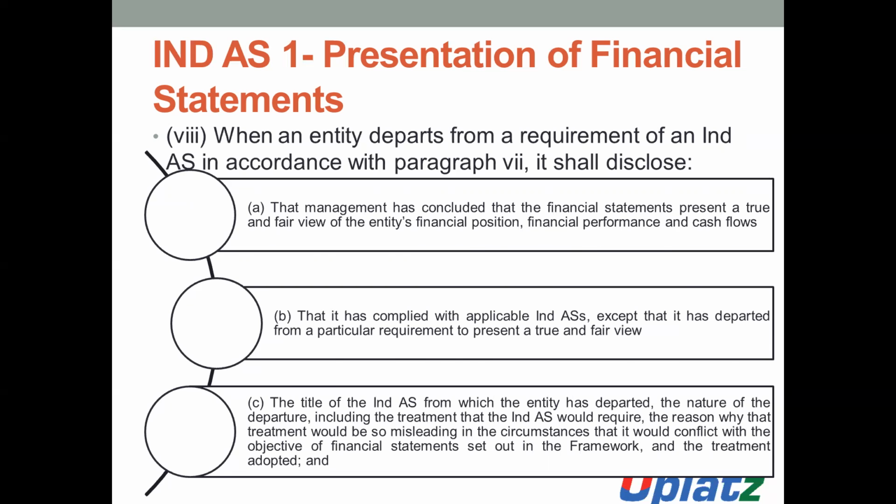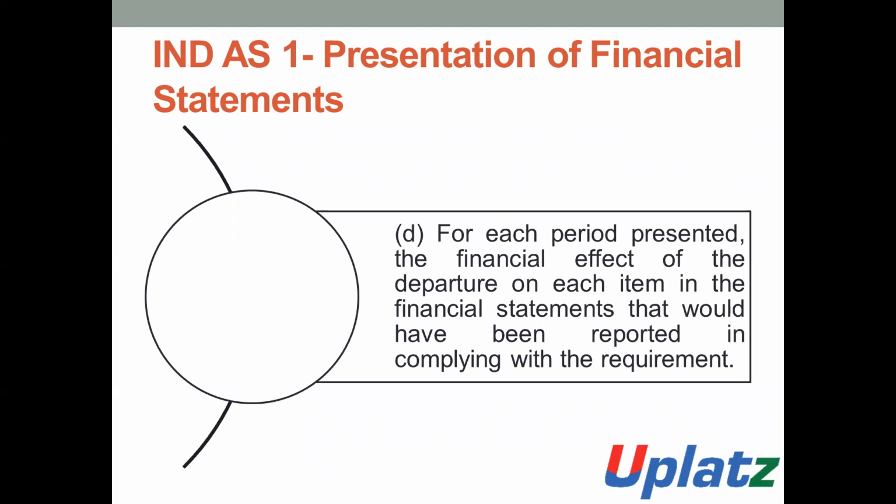It will also disclose point D: for each period presented, the financial effect of the departure on each item in the financial statements that would have been reported in complying with the requirement.